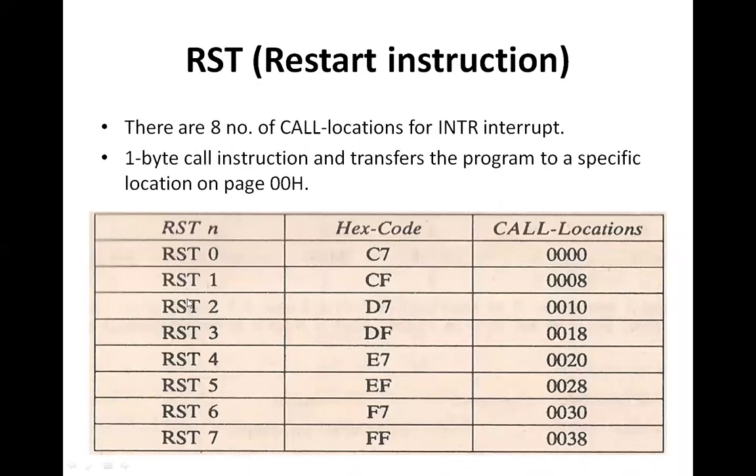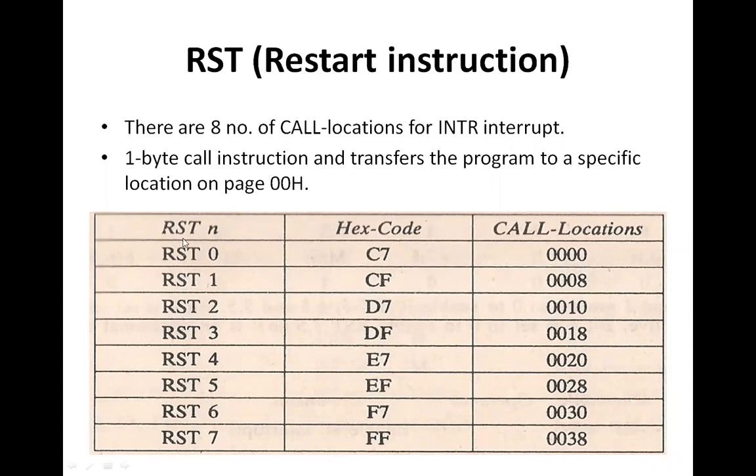That device is acknowledged by the processor, which sends an acknowledge signal. Once the device receives the acknowledge signal, that hardware device will generate one of the RST instructions and give it to the microprocessor. Depending upon that RST instruction, it will go to a certain call location. So this is how it works.